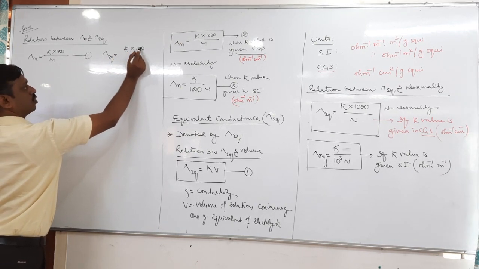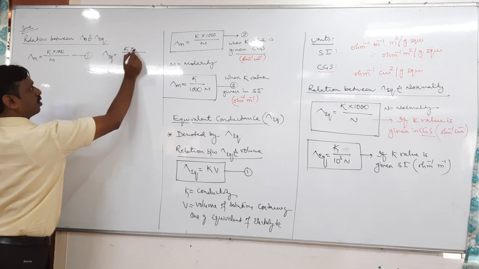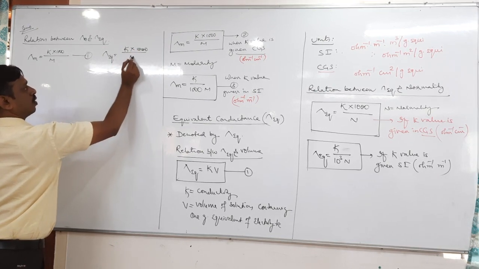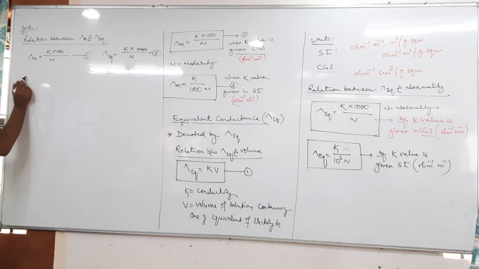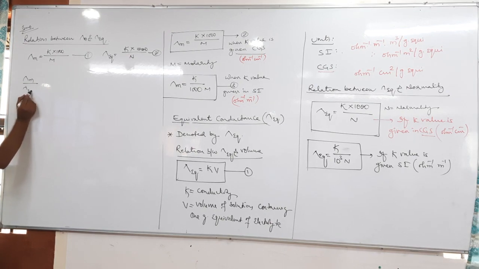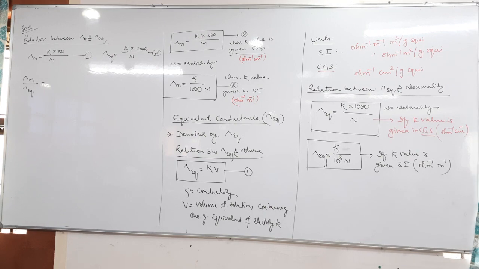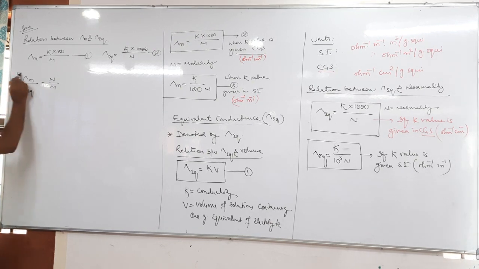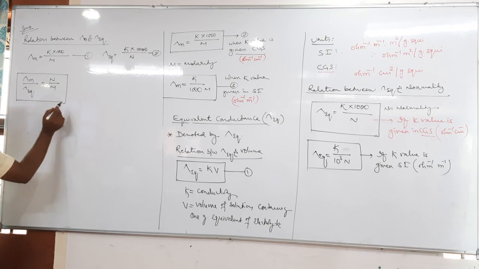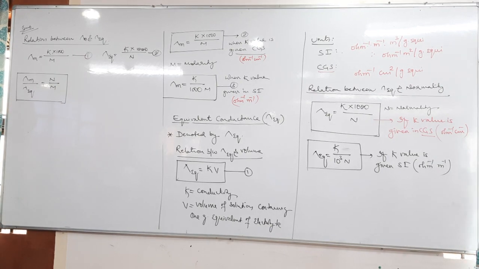K into 1000 divided by N, equation 2. So we want the relation. Therefore I will take lambda m by lambda EQ, equation 1 divided by equation 2. What do you get? N by M. This is one important relation where N equals normality, M equals molarity.